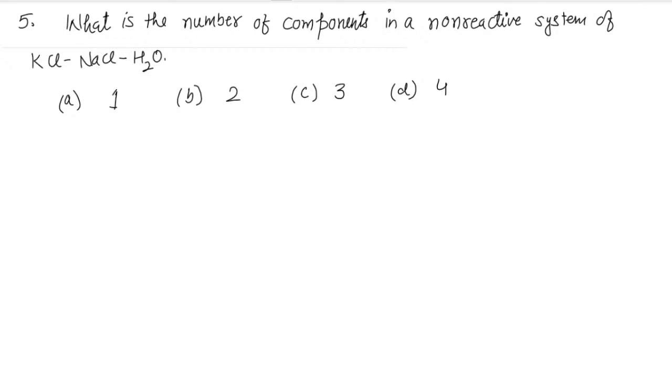So what is the number of components in a non-reactive system of KCl, NaCl, H2O? There is KCl, there is NaCl, there is water. So tell me number of components.